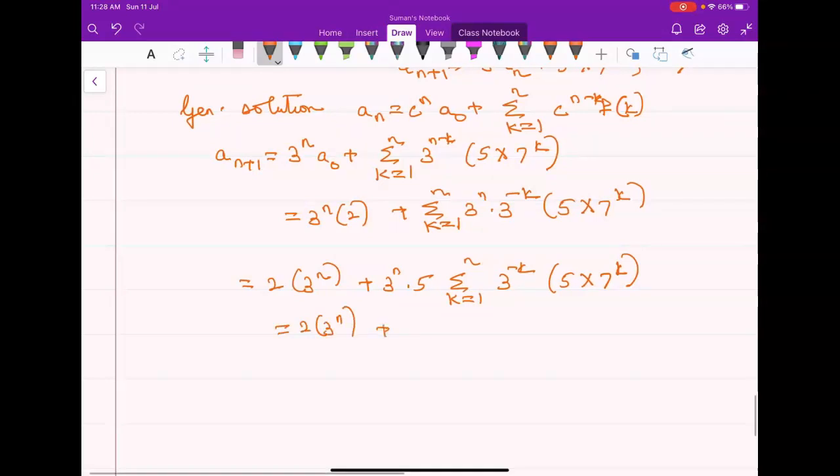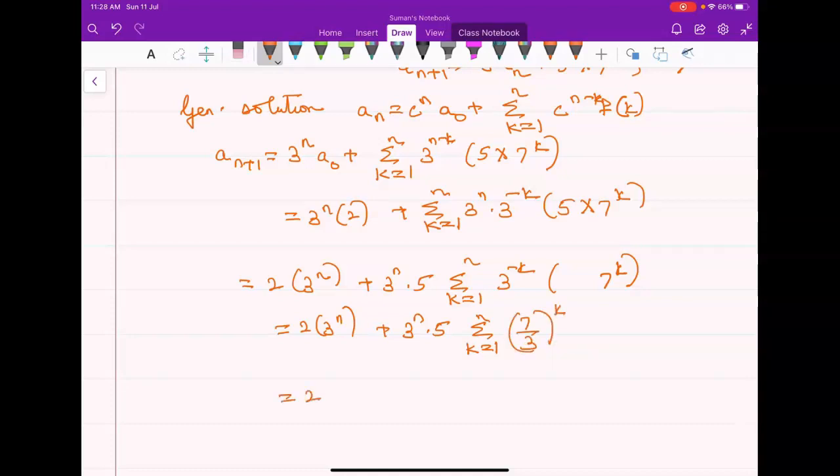2 into 3 raised to n plus 3 raised to n into 5, summation k taking value 1 to n. You're taking out the 5 here, so I will not be writing this 5 here. So this will give you 7 by 3 raised to k.